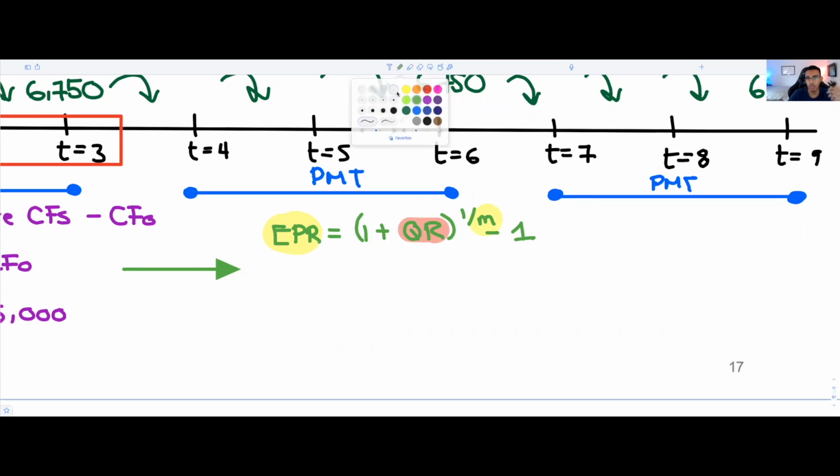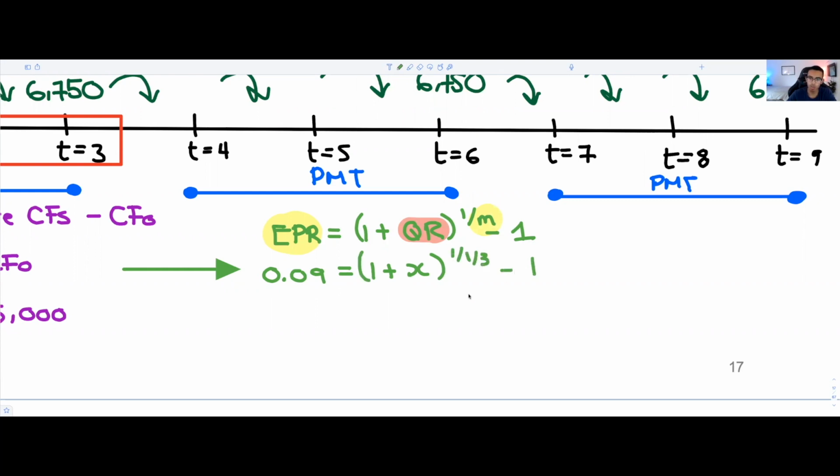So what you could do is, once again, solve for the missing variable. We know that our effective periodic rate is equal to 0.09. We know that that is equal to 1 plus x, which is our quoted rate, to the power of 1 over 3, minus 1. You could simplify this further to 0.09 is equal to 1 plus x to the power of 3 minus 1.